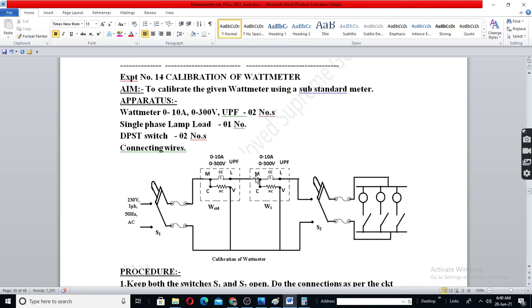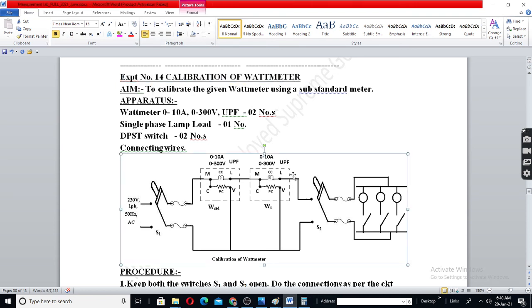Hence, just for you to get an idea, we have done this. In your syllabus, calibration of wattmeter is not there, only ammeter and voltmeter. If you are interested, you can do this experiment. One is a standard wattmeter, another is the meter to be calibrated.